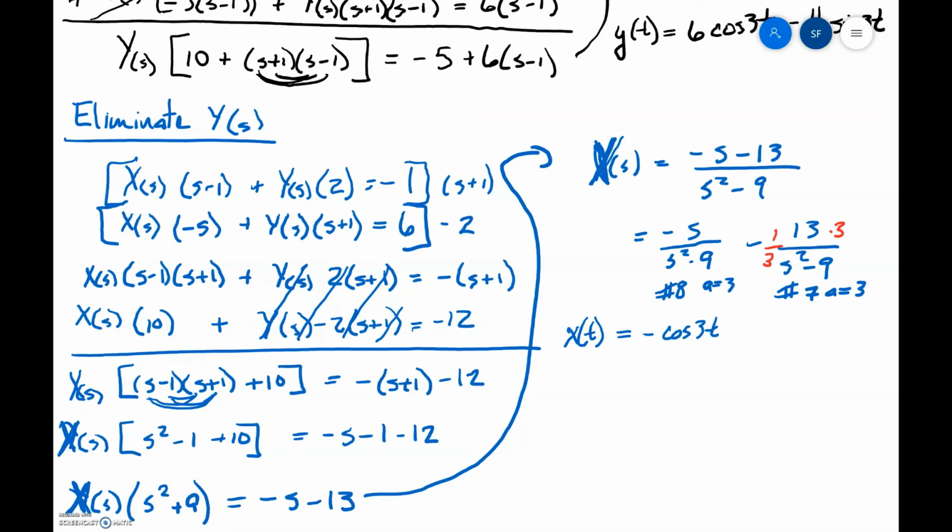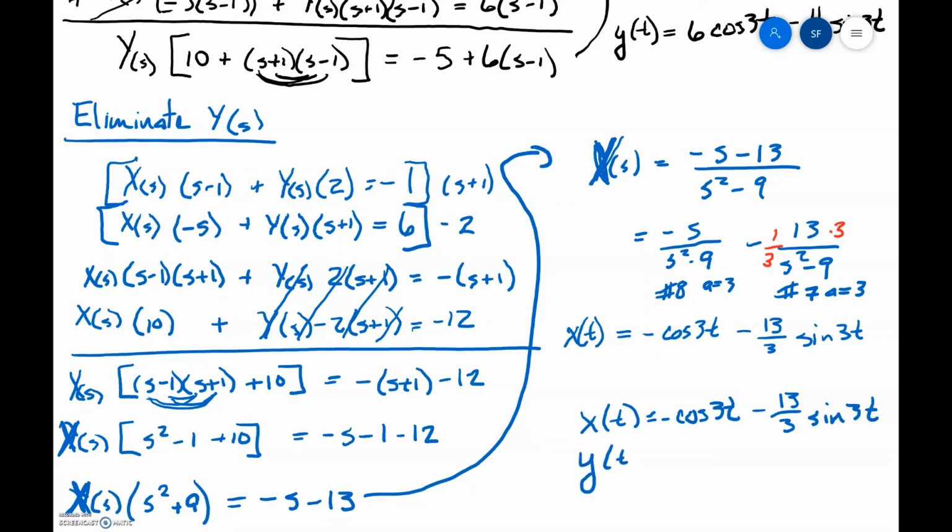So now my coefficient for that is 13/3 sine of 3t. So my overall answer is x of t is negative cosine 3t minus 13/3 sine of 3t, and my y of t that we got before was 6 cosine 3t minus 11/3 sine of 3t.